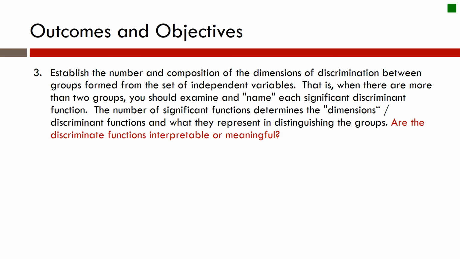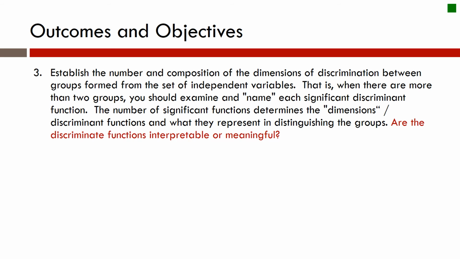We also want to establish the number and the composition of dimensions of the discrimination between groups formed as we input the individual variables. So again, what we're having here are different functions which are created.